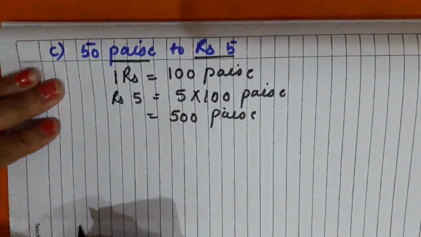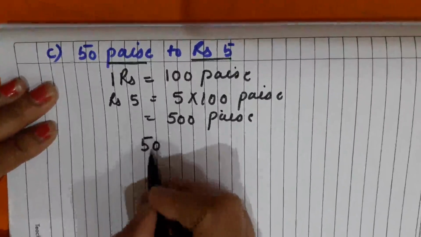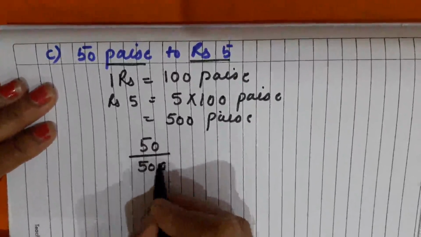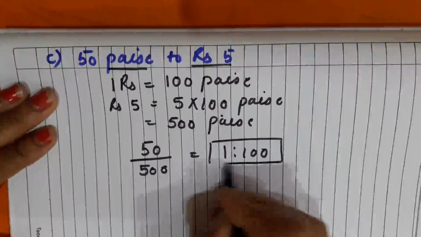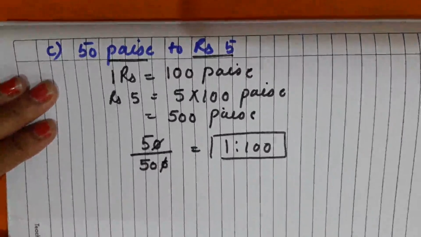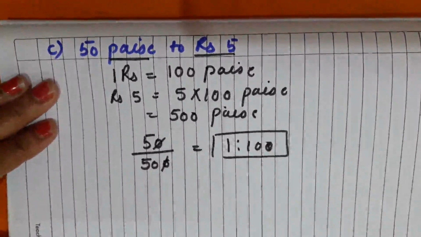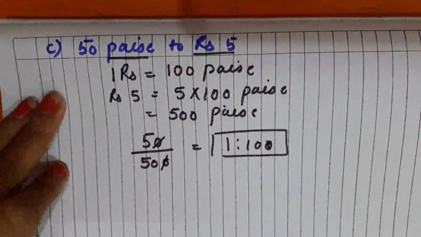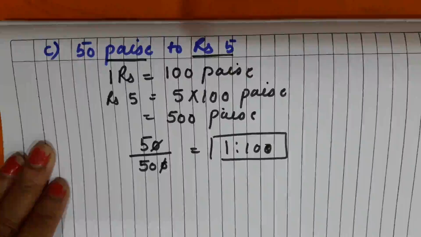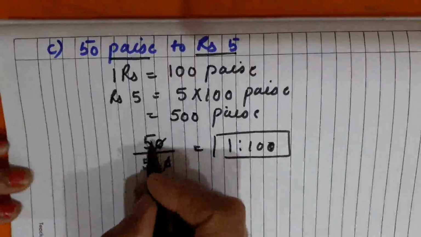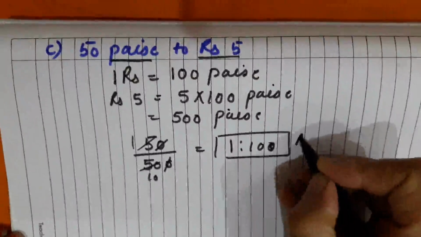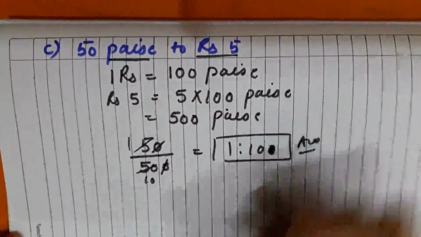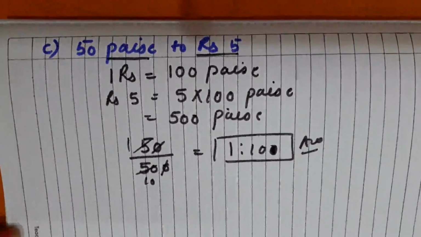Let's calculate the ratio: 50 paise upon 500. Because this 0 cancels out, sorry, 1/10. Now 5 ones are 5, 5 tens are 50. So this will be your answer, 1:10. Okay, now let's move to the next question.